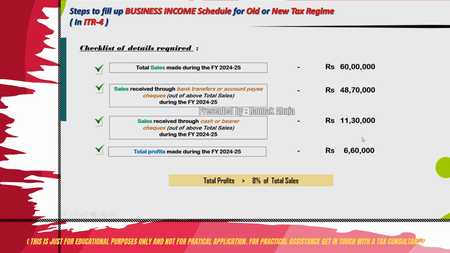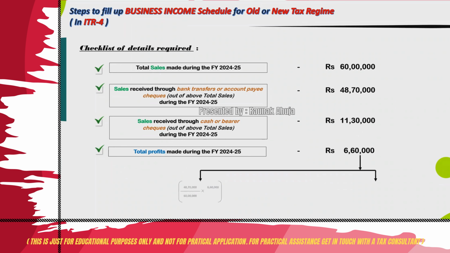So this 6,60,000 has to be distributed among these two sales in their sales ratio. So this would be 48,70,000 divided by 60 lakh into 6,60,000, and the other one would be 11,30,000 divided by 60 lakhs into 6,60,000.